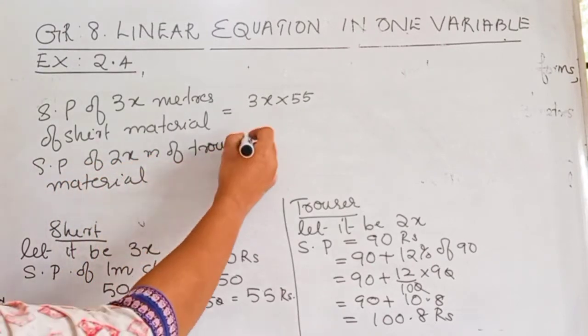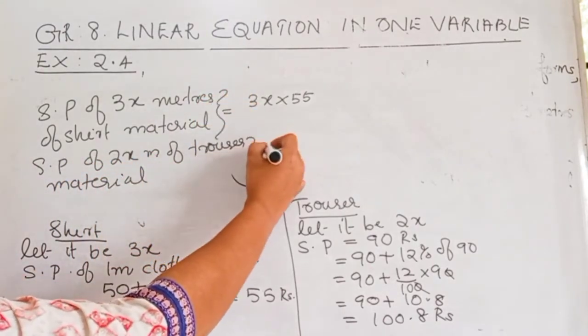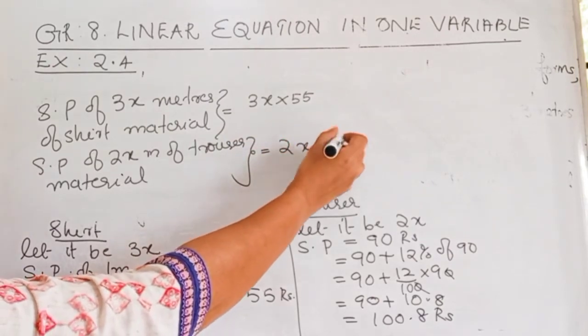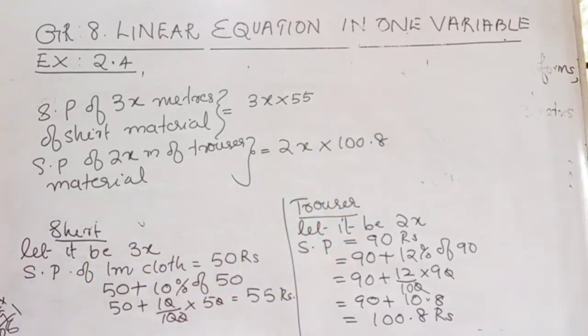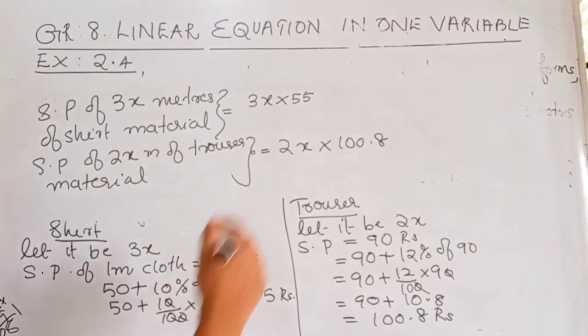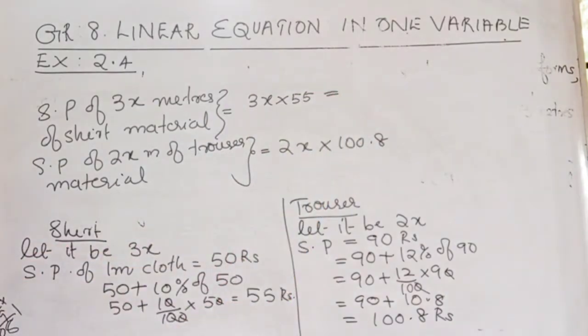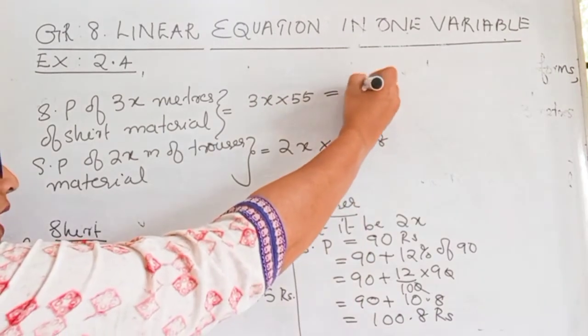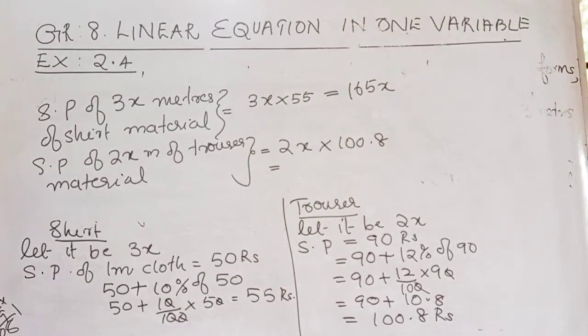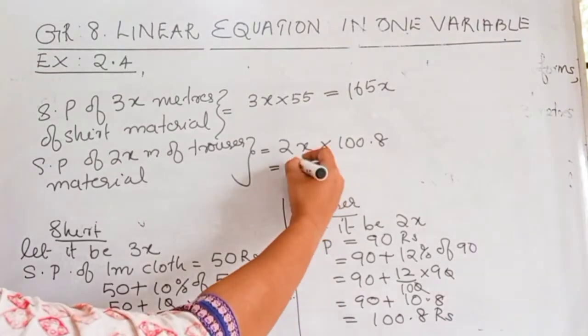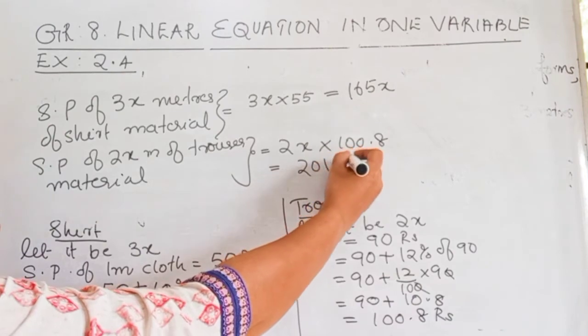That is equal to, definitely we know that the total length is 2x, so 2x into 100.8. So that much we got. And now we can do multiplication. When I do 55 into 3, I got 165x. And here when you do multiplication, you will get 201.6x.